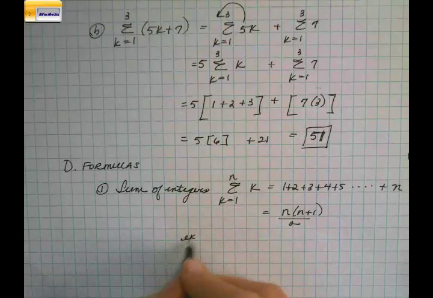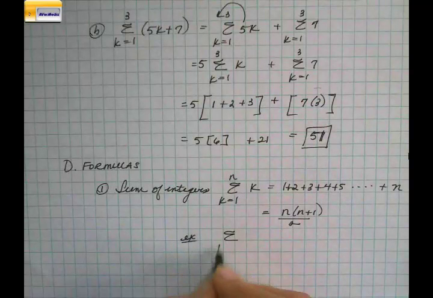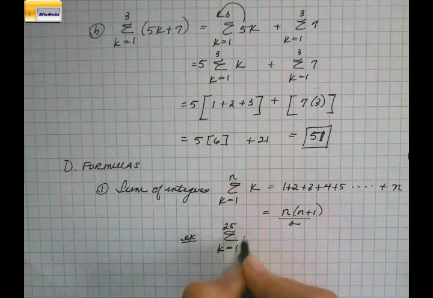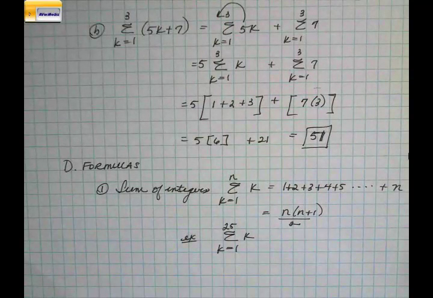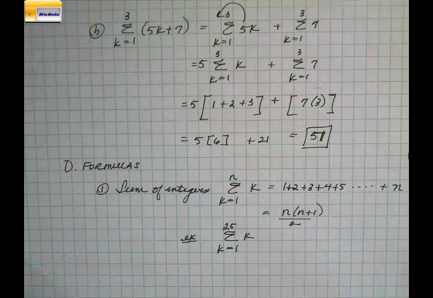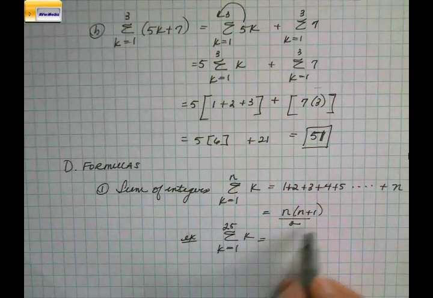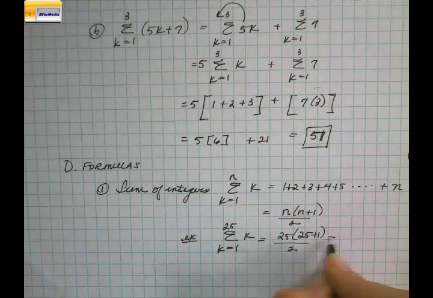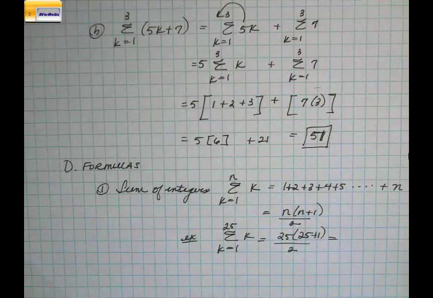So if they said, for example, find the summation of k equaling 1 to 25, which is 1 plus 2 plus 3 plus 4 plus 5 plus 6 plus 7 plus 8 plus 9 all the way to 25, you can do a shortcut using the formula and say this is 25 times 25 plus 1 divided by 2, which is the sum of all those integers.